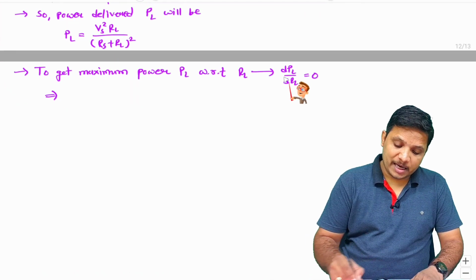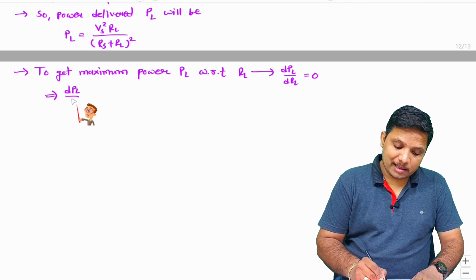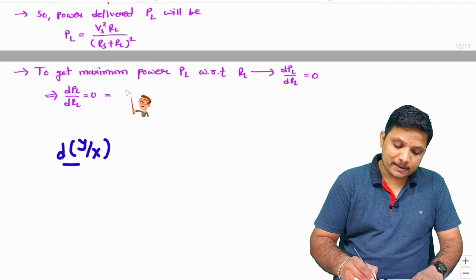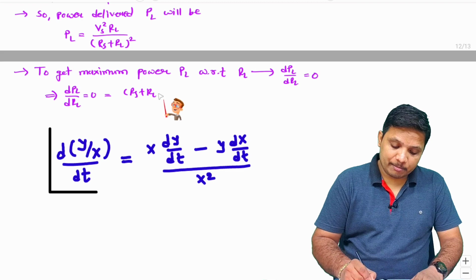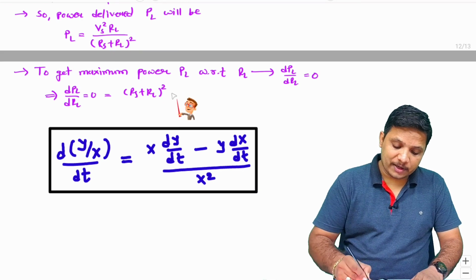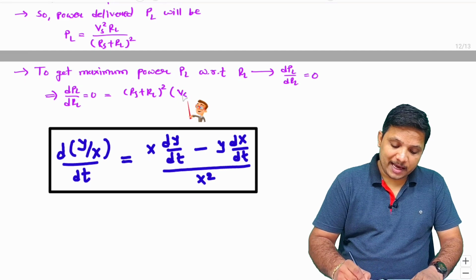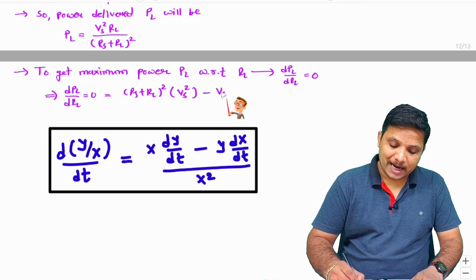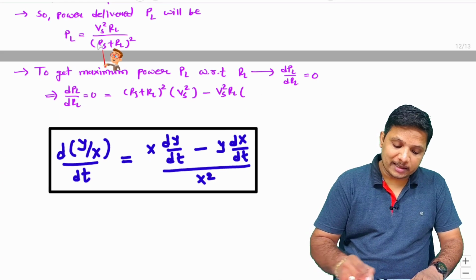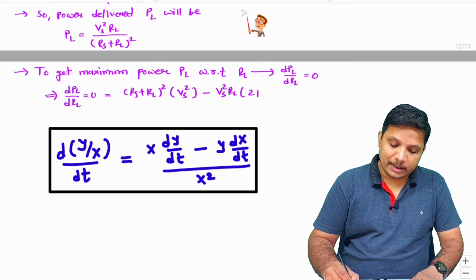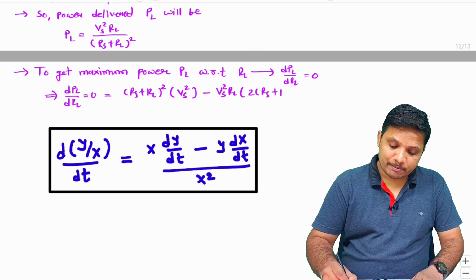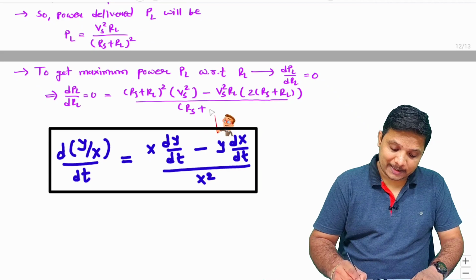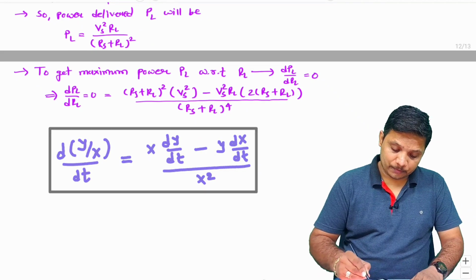So now we will be differentiating PL with respect to RL, and that will be equal to 0. So here the denominator's function, that is (Rs plus RL) whole square, into the numerator's differentiation, so that is Vs square and the RL differentiation is 1, minus the numerator's function, so that is Vs square RL into the denominator's differentiation, so that is 2 into (Rs plus RL), and divided by the denominator square, so that is (Rs plus RL) raised to 4.